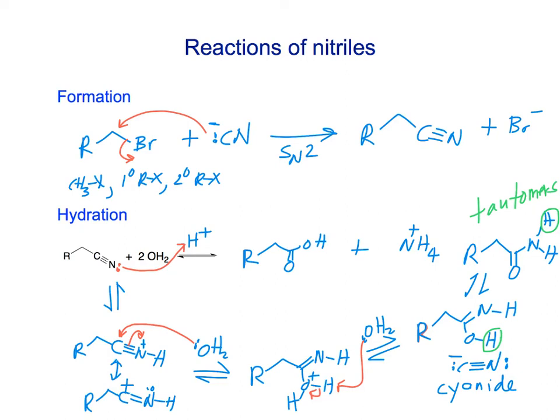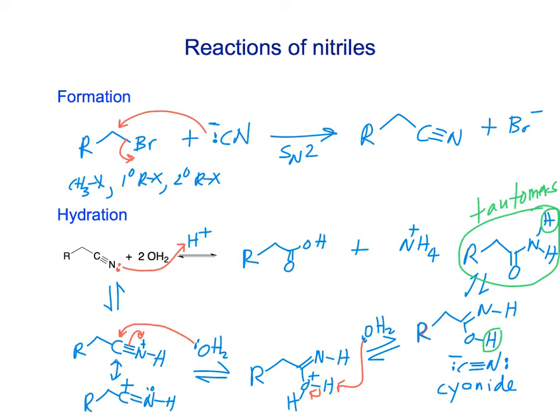And look at what kind of functional group we've generated. So what have we made? An amide, right? So we've added one molecule of water, and we've converted the nitrile into an amide.